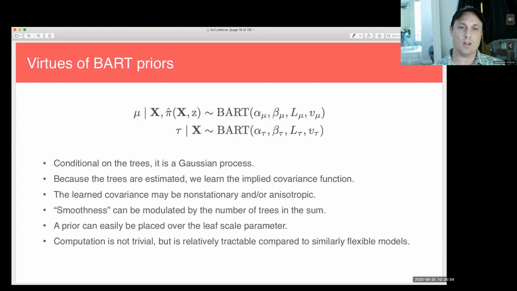In general, the v parameter is pretty easy to set or to learn, even with a hyperprior on that. L is going to dictate the smoothness, and alpha and beta are going to dictate how big the trees are. In practice, we do a lot of prior elicitation by looking at draws from the prior and seeing if those functions look like we want them to. The defaults are pretty good for most empirical applications we find. So the first thing we do is just run it out of the box.